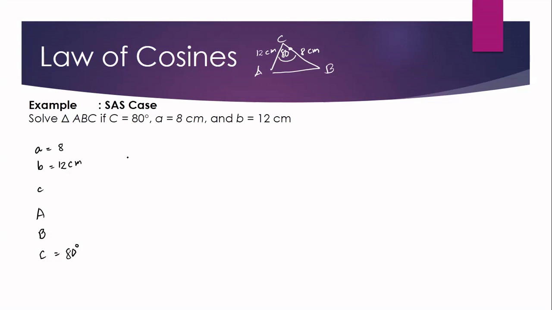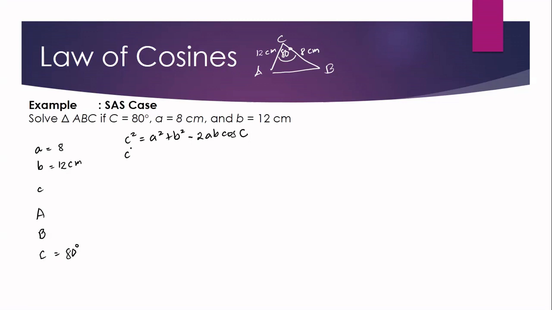The first one we will get is side C. So using the law of cosines, what is our equation when we get side C? We have C squared is equal to A squared plus B squared minus 2AB cosine C. You are just going to substitute.